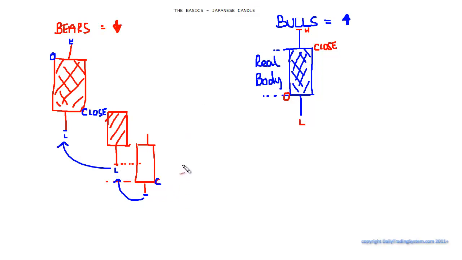Then you might have another one that still might be another red candle. It might have closed lower, but this time it might have had a higher peak here. You might have had a little one right there. Here is our high and here is our low. We've made basically an equal low down here, but we did close lower than the previous close.